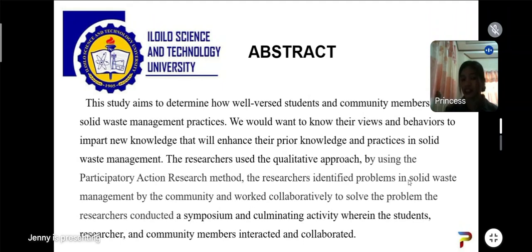The researchers used the qualitative approach, using the participatory action research method, and identified problems in solid waste management with the community and worked collaboratively to solve the problem. The researchers conducted a symposium and culminating activity wherein the students, researchers, and the community members interacted and collaborated.